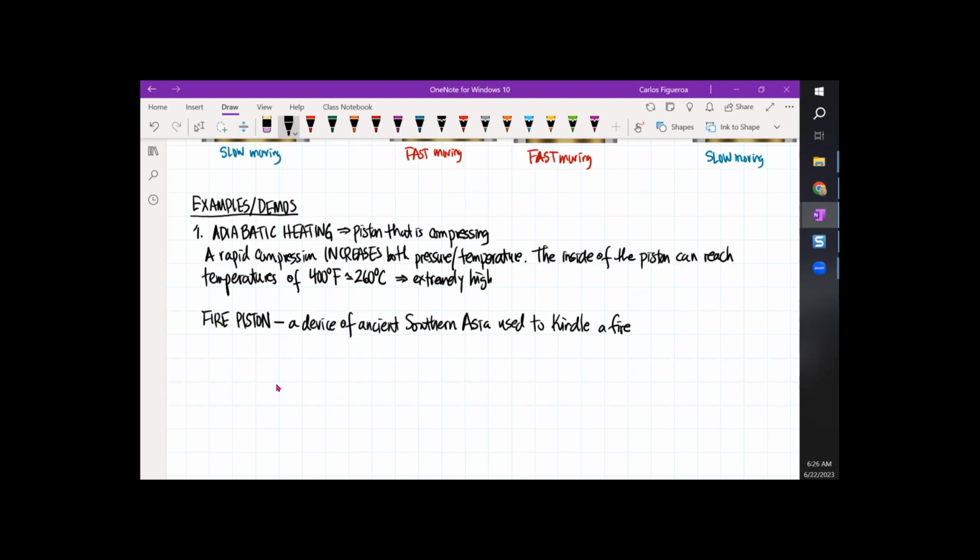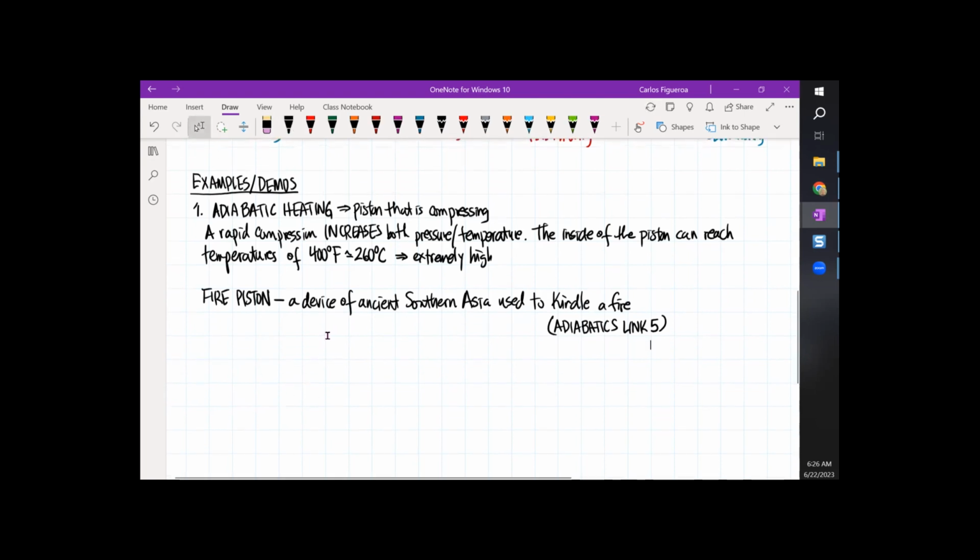You should actually look at this. If you look at the links, there's a link called adiabatic, I believe it's link 5. You should go look at that. Somebody does that in the woods and shows you how you can produce a fire outdoors.